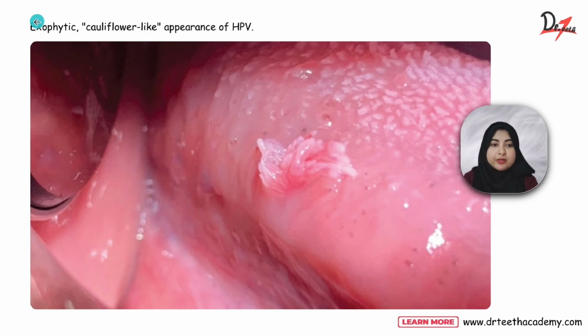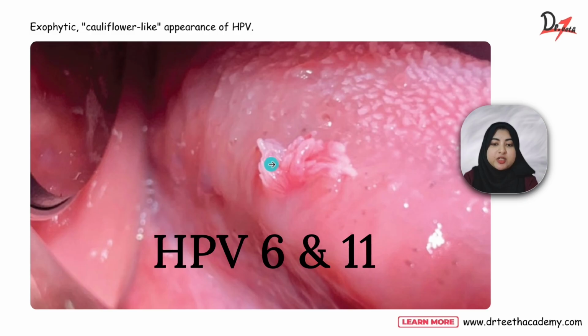So remember, whenever you see an exophytic or cauliflower-like appearance, it is because of HPV. The most prevalent strains, HPV 6 and 11, are responsible for benign mucosal warts in the oral cavity. So it is because of HPV 6 and 11. This is also frequently asked. So this is the right answer. See you in the next one.